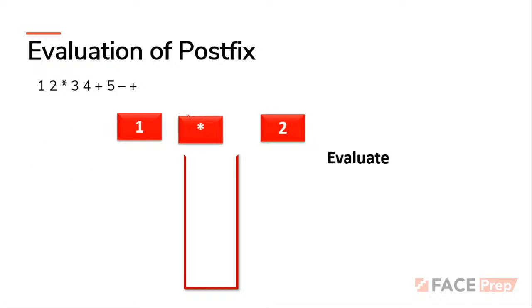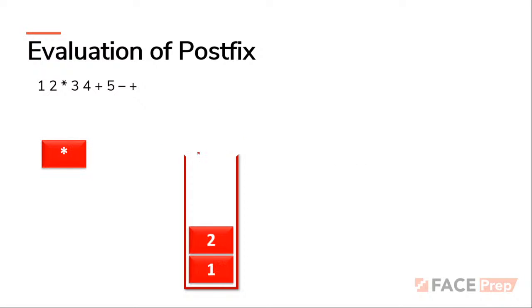So 1 into 2. People can ask, sir, remember I have 2 on the top. The topmost element should be considered as my second operand, and below that will be considered as my first operand. Why? Because 1 is the first element we have inserted, and 2 is the second element we have inserted. So 2 should be considered as my second operand and 1 as my first operand.